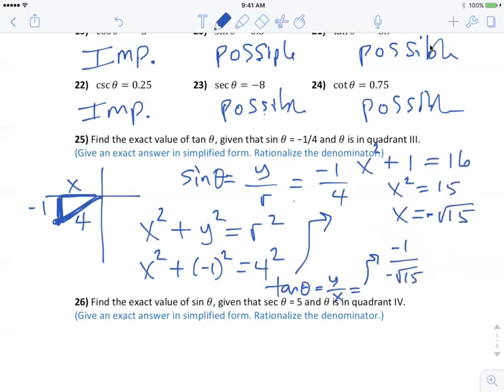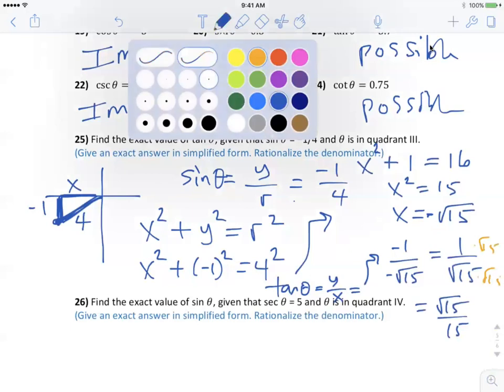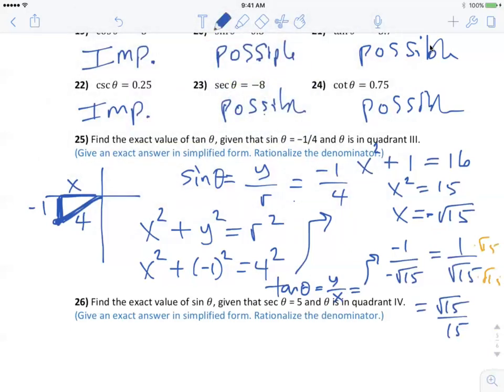Those negatives will cancel, so we just get 1 over root 15. Rationalize it: root 15 over 15, right? Again, doing my little orange rationalization, multiply both of those by square root of 15. Okay, that one involved a little work. Probably should have left myself more room on that one.